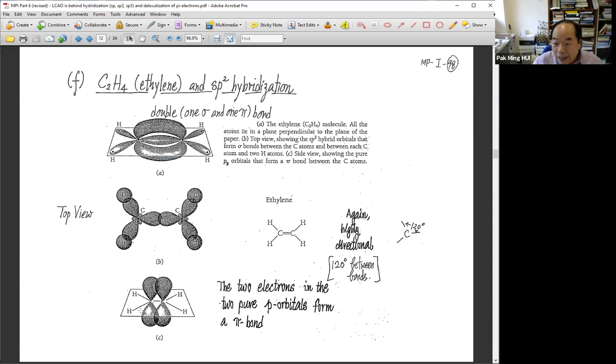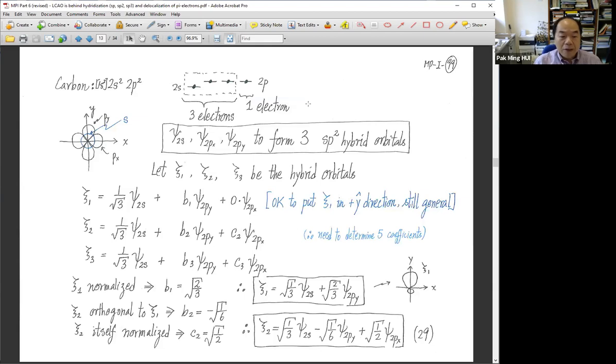And the key idea is within this sp2 hybridization. So this is the single carbon picture. So we have this 2s2 2p2. Again, just like the beryllium situation, the 2s and the 2p are actually at different energies because carbon is not hydrogen.